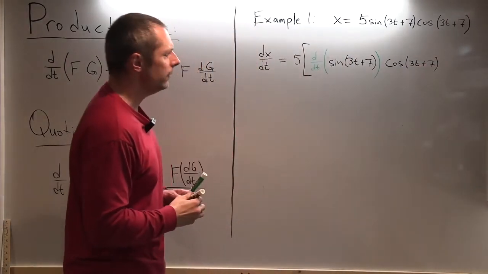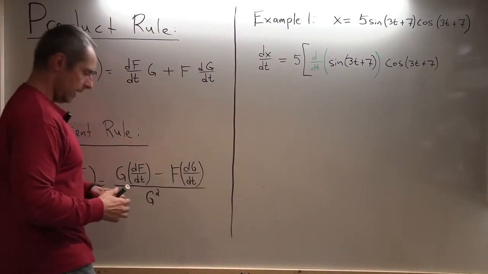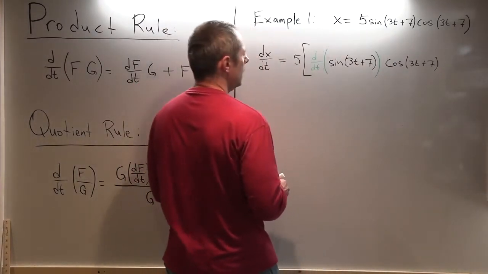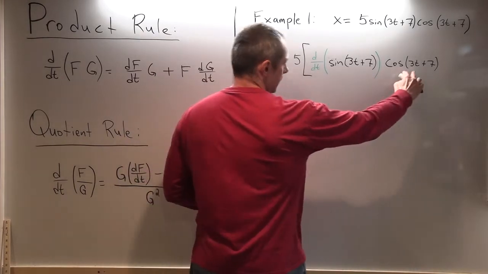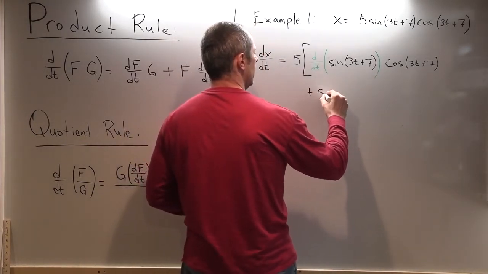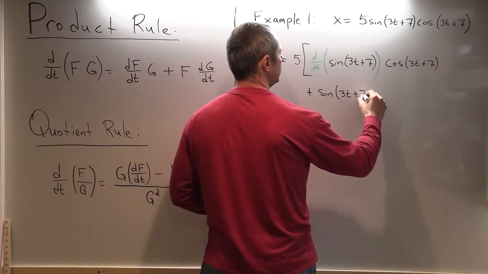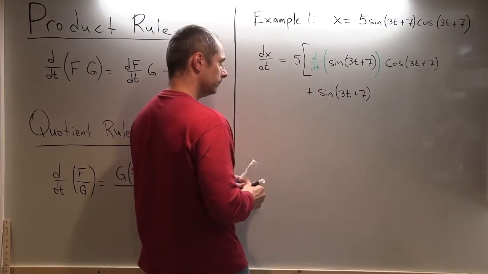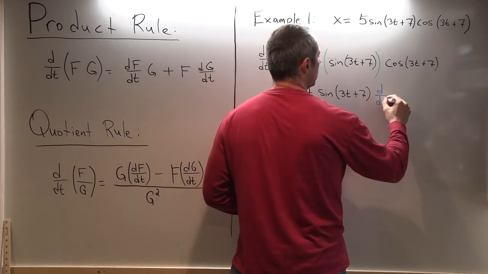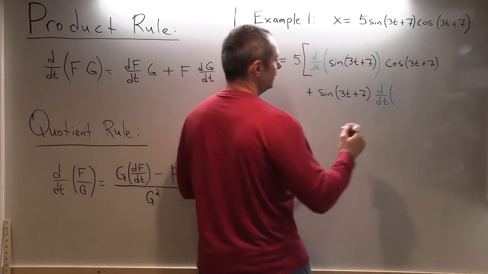Okay, so derivative of the first function times the second. And then what I'm going to do is do the derivative of this one now. So I have plus the sine of 3t plus 7, that's the first function, times the derivative of the second function.